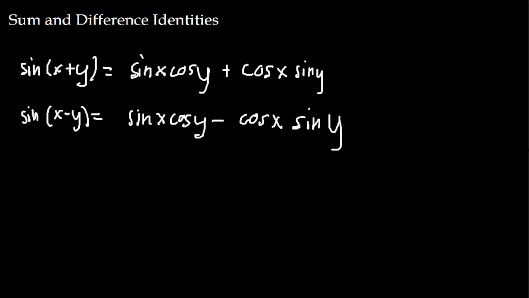Now, sulat naman natin yung sum and difference ng cosine. Cosine na. Now, different naman yung pattern sa cosine. Sa cosine ng x and y, the pattern will be cos cos, sine sine.